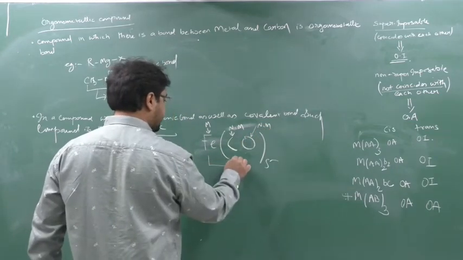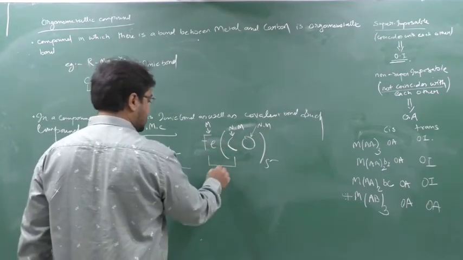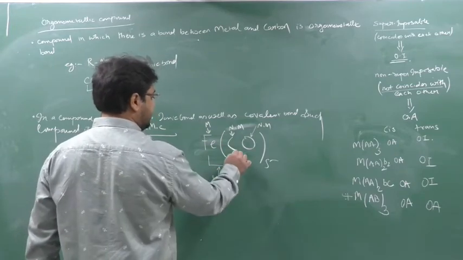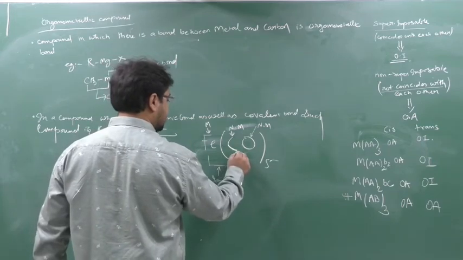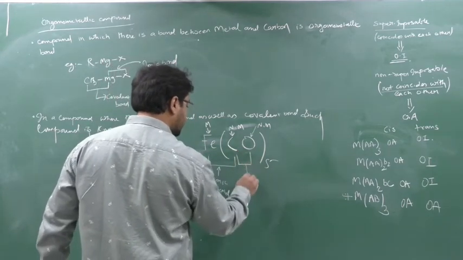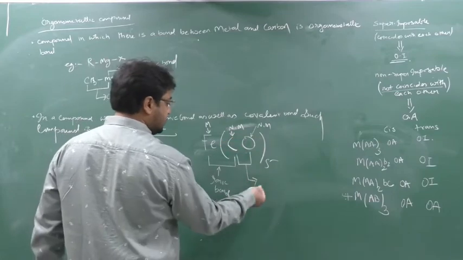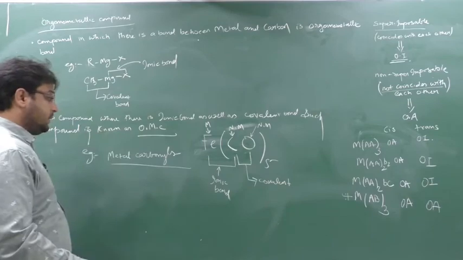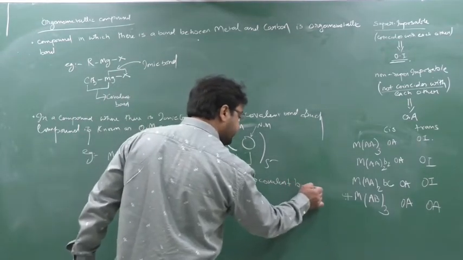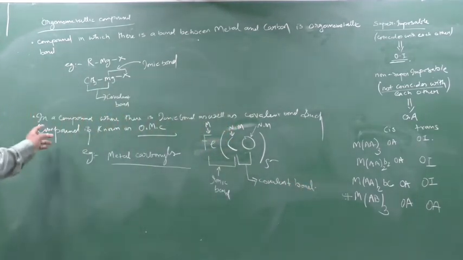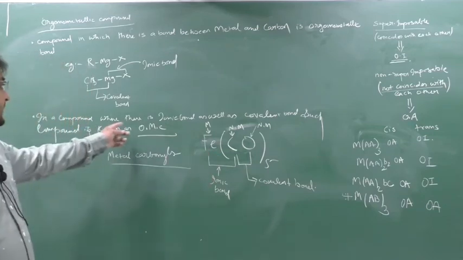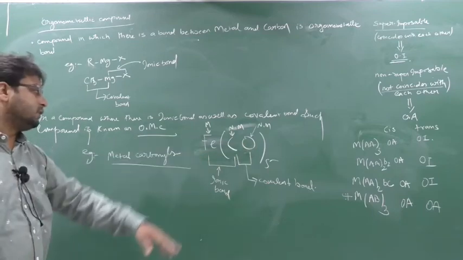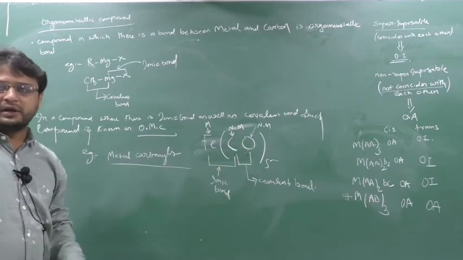Now, a bond between metal and non-metal I will say is ionic, and a bond between carbon and oxygen, non-metal and non-metal, involves sharing, so covalent. This is one compound where there is an ionic bond as well as a covalent bond. Such a compound is known as an organometallic compound, and this bond is called an organometallic bond.